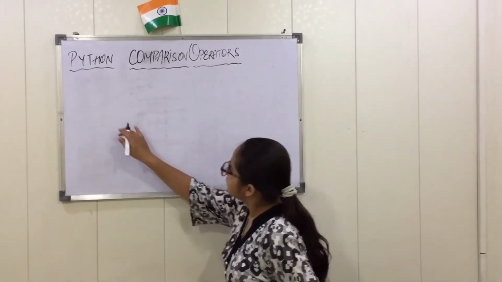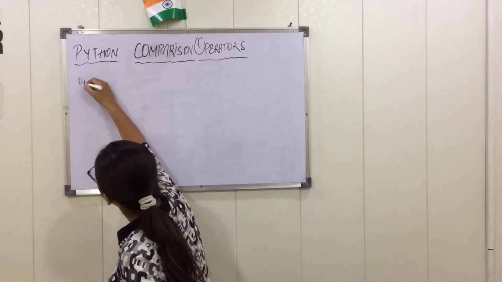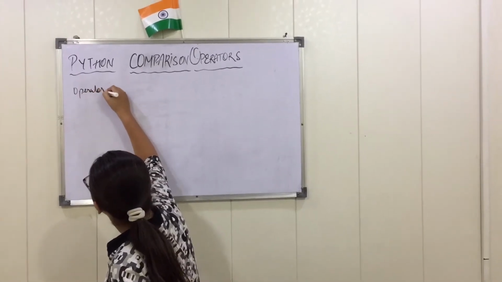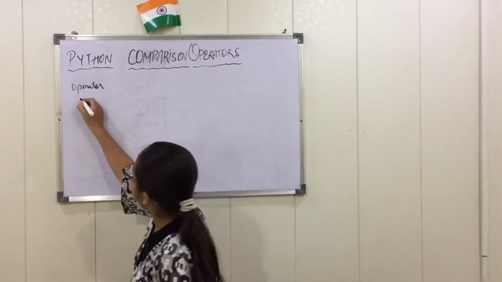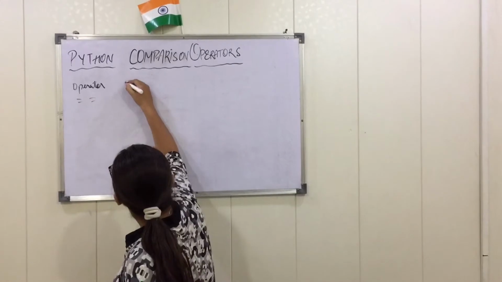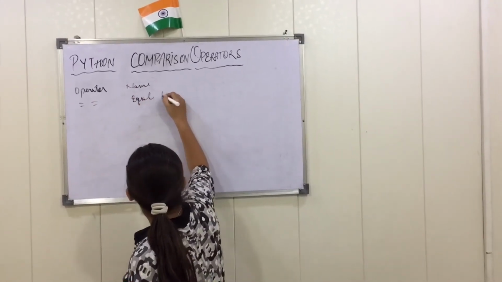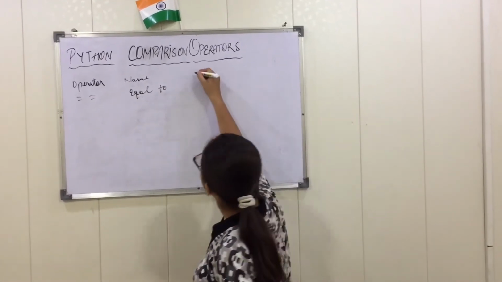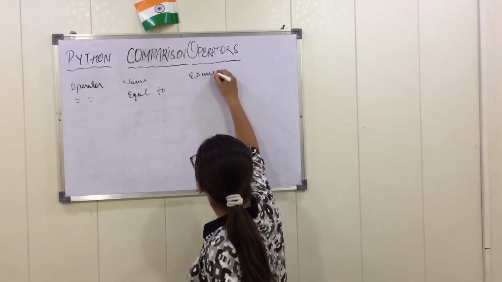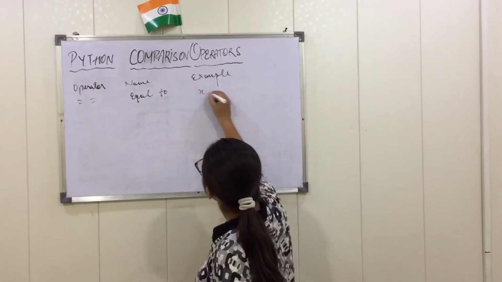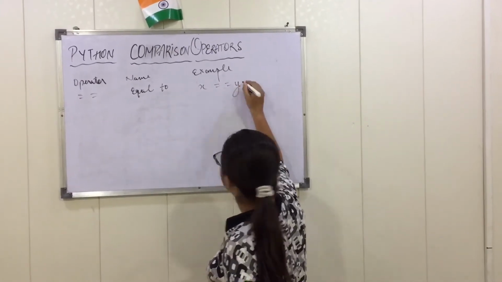First of all, the operators. The first operator is equal to, for example x equals y.